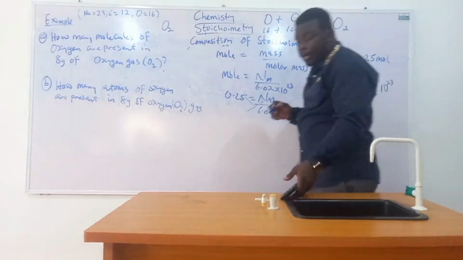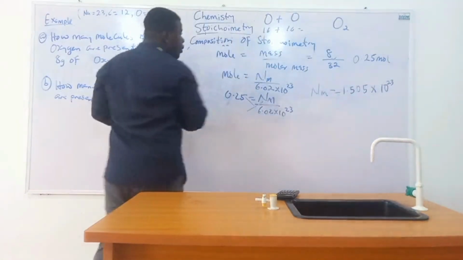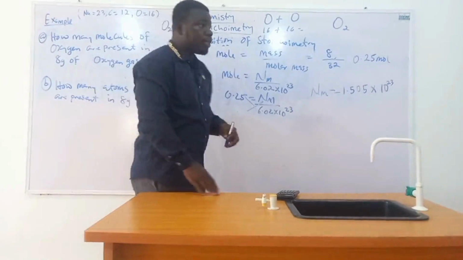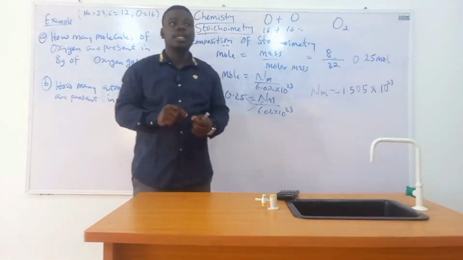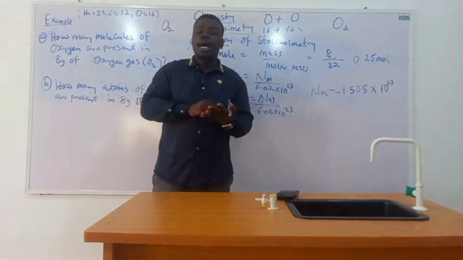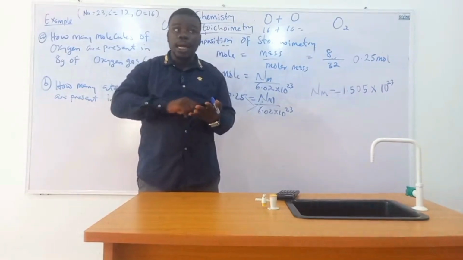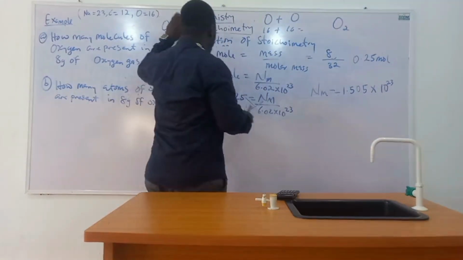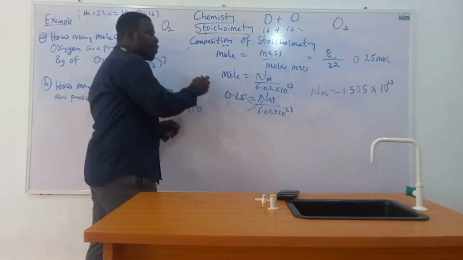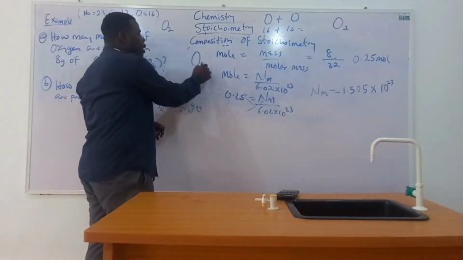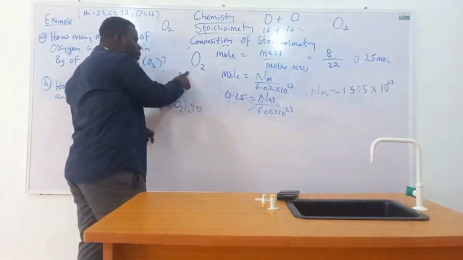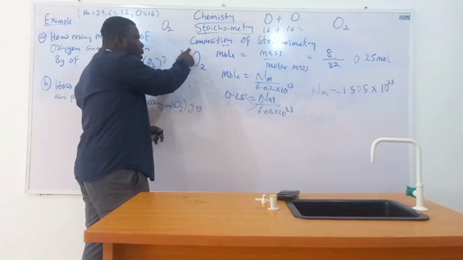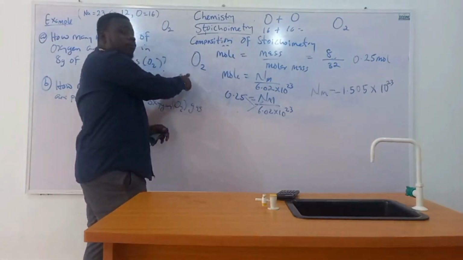So let me quickly recap. These questions want to test our ability to identify mole and number of molecules, or mole and number of atoms, right? Now, we say that whenever a number is at the front of an element, that number stands for number of what?